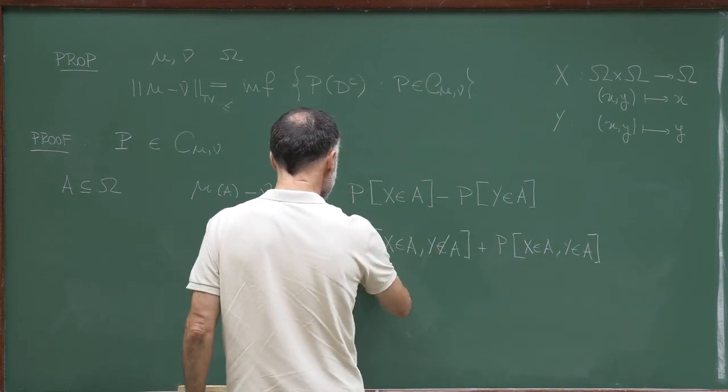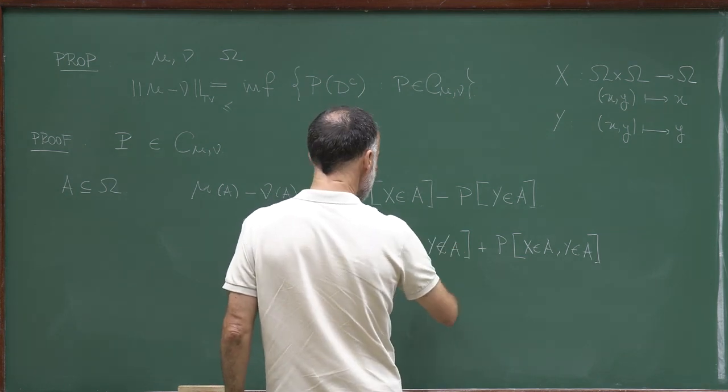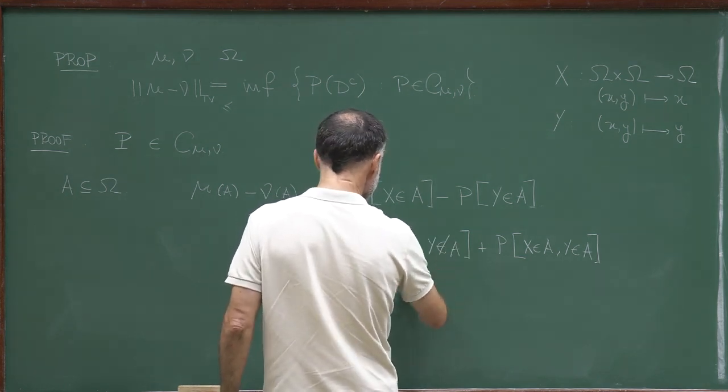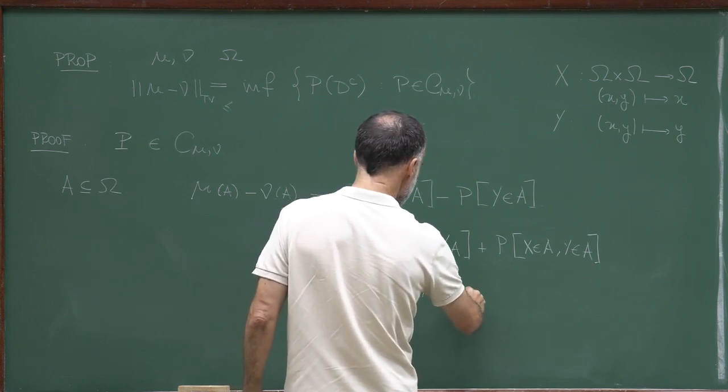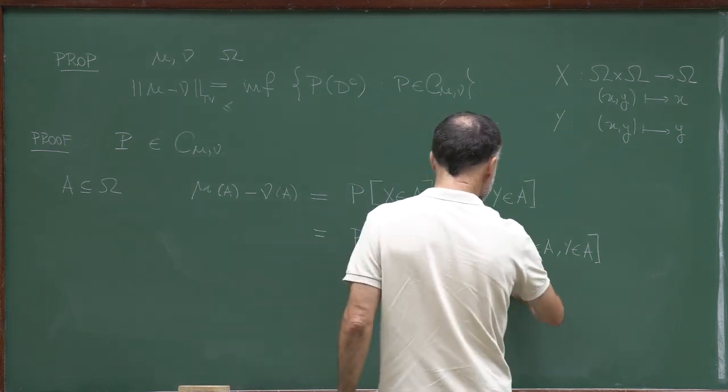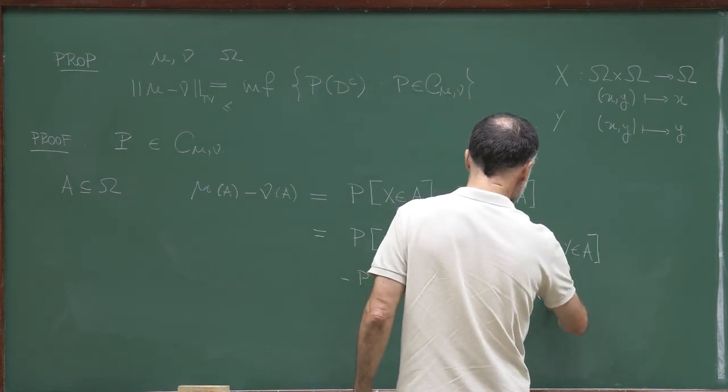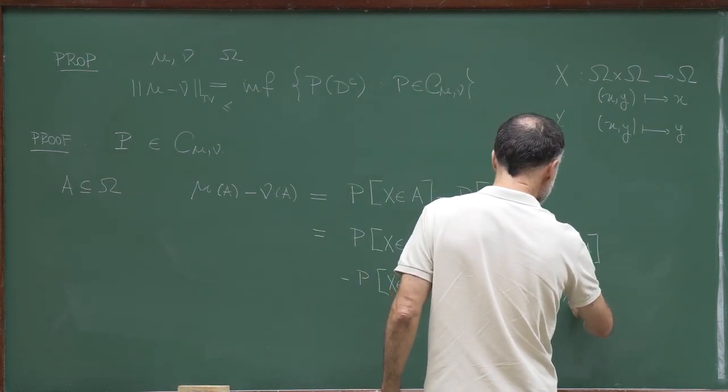So in the second term, I'll get minus the probability that, say, x does not belong to A and y belongs to A, minus the probability that x belongs to A and y belongs to A.